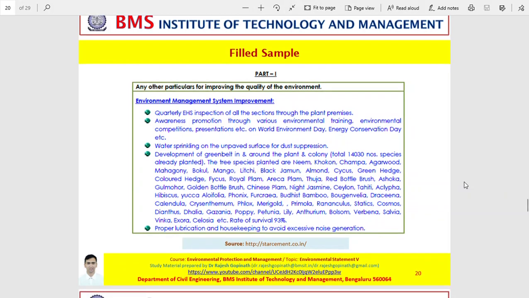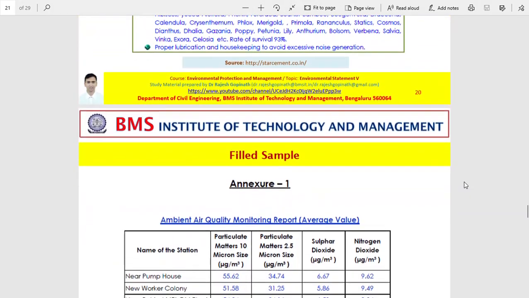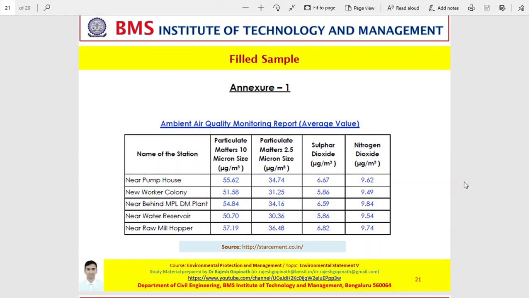Let's go on to slide 21, which basically is an annexure. Now, generally in form 5, the framework only runs to 3 to 4 pages, but the annexures can run as much as 20 to 50 pages.